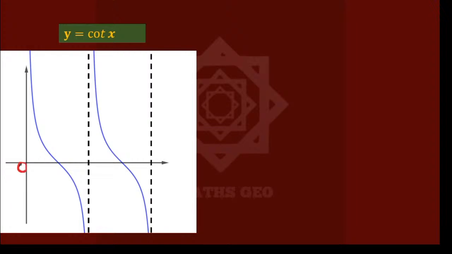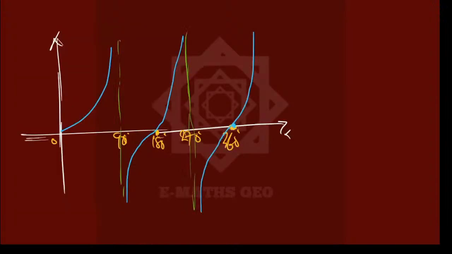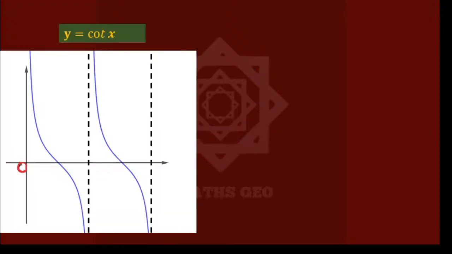So where is tan not defined? Where is 0? Sorry. So 1 over 0, we know that cot x is 1 over tan x, and tan is 0 at 0.